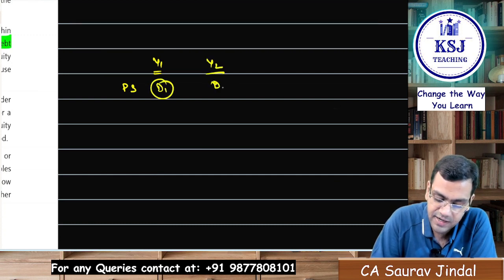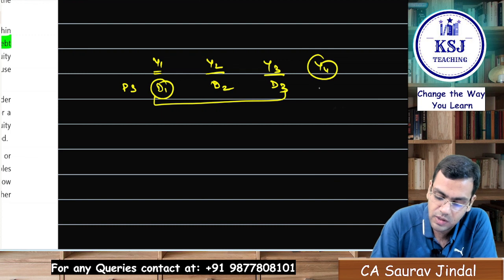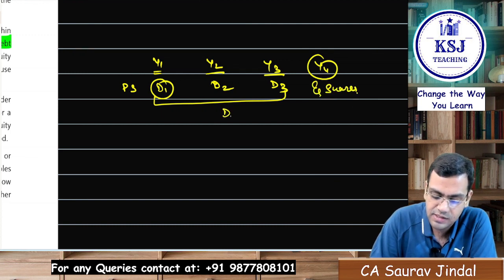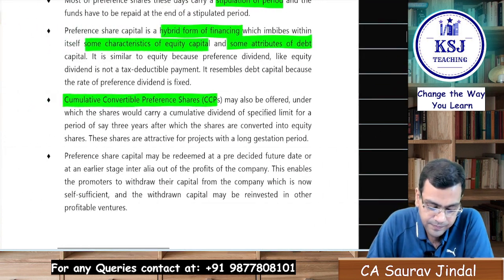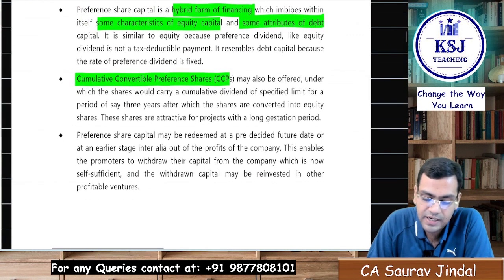Year 2, dividend 2, year 3, let's say the dividend is 3, we will cumulate it. Now, at year 4, we will convert these preference shares into equity shares. After accumulation, this will be paid, but they will be converted into equity shares.